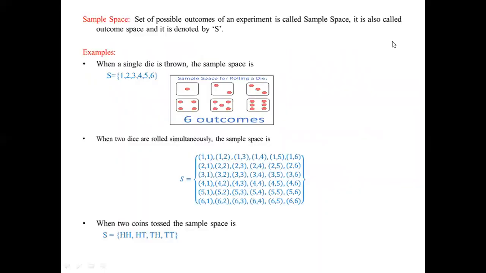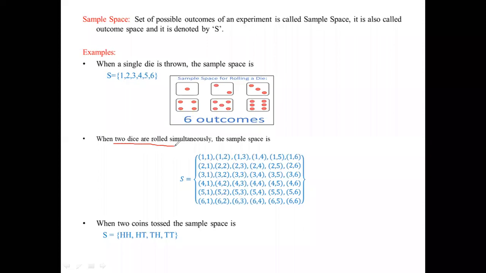Next one is sample space. A set of possible outcomes of an experiment is called a sample space. It is also called outcome space, and it is denoted by capital S. So if you see here, when you are rolling two dice, each die has 6 faces.